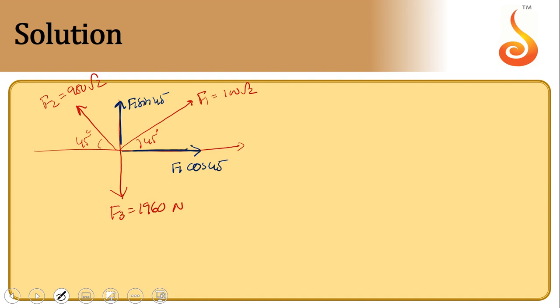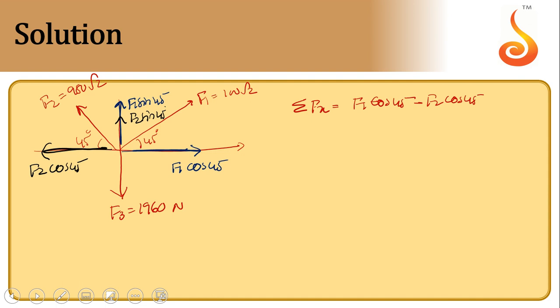If I resolve F2, this is going to be F2 cos 45 and we have F2 sin 45. So with this, what is the net force along x-axis? Along x-axis we have F1 cos 45 minus F2 cos 45.